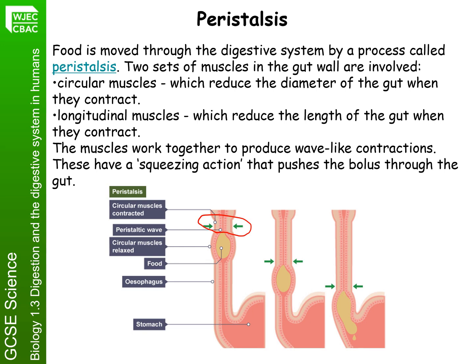So the circular muscles will be squeezing in, the longitudinal muscles will be making the length of the gut shorter as they're contracting. So working together, they will be squeezing that bolus of food down through your digestive system.